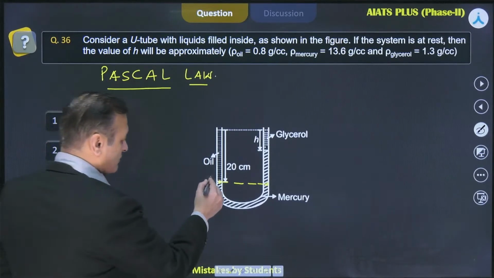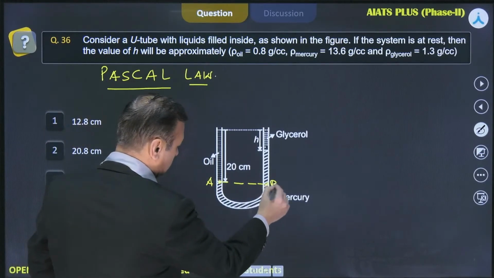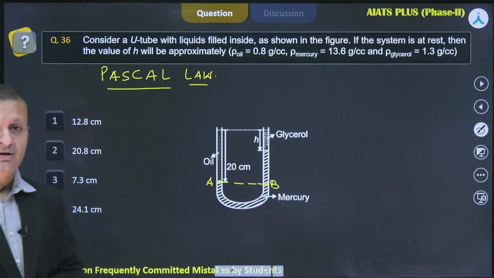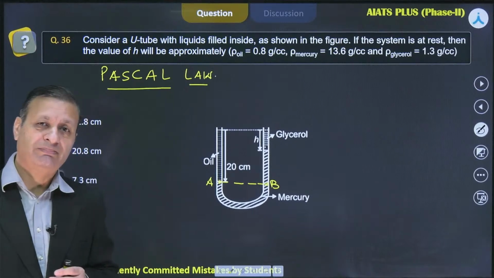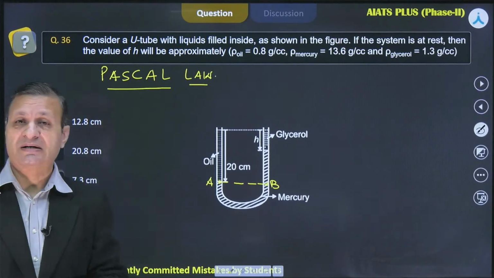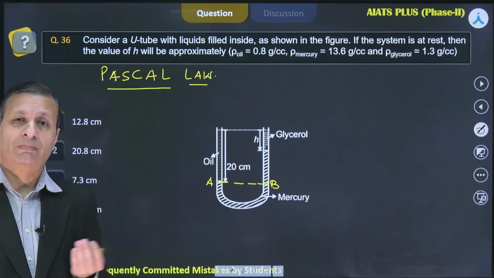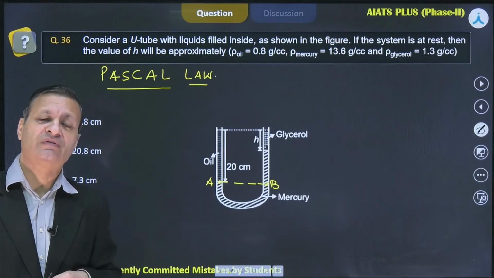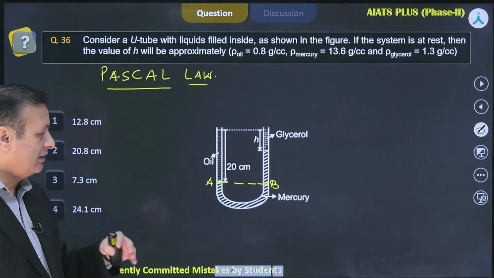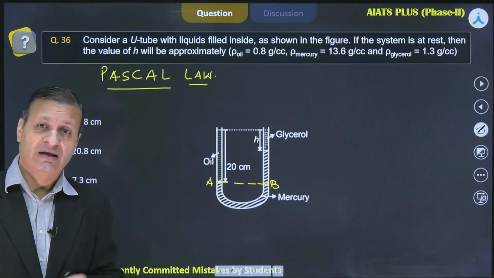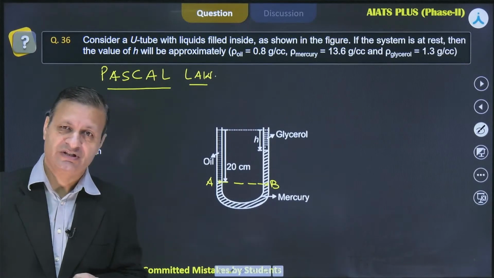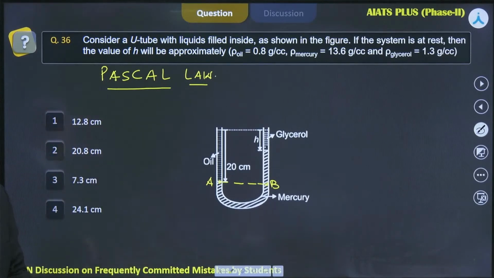Let's label this point as A, and this point as B. So we have understood the statement of the Pascal law. Now we are going to apply it in this numerical, and this is one of the beautiful numericals we have. This variety of numerical has also been asked in your PYQs, previous year questions. So this is one of the important questions.